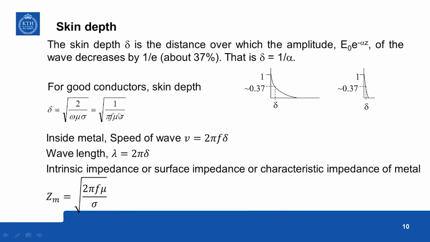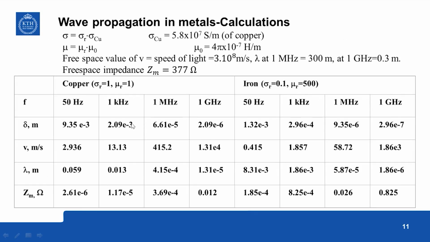So 0.1 and 500, so it becomes 50 here, whereas for copper it is 1. So that's why you see the difference. For iron, it is even more difficult to penetrate because of the relative permeability. So you get lambda, but the impedance of the medium is more compared to that in copper. So you can do these calculations yourself and verify at home as homework.